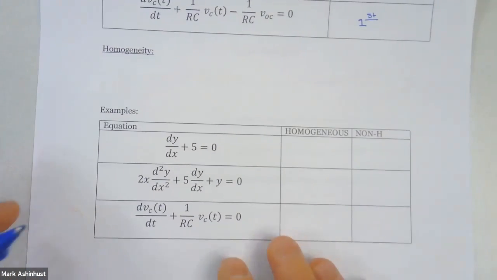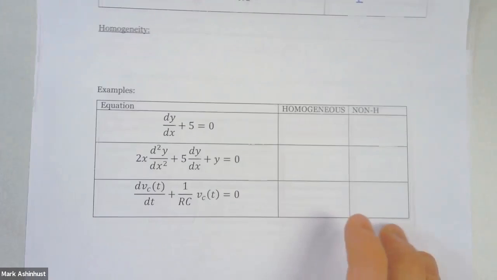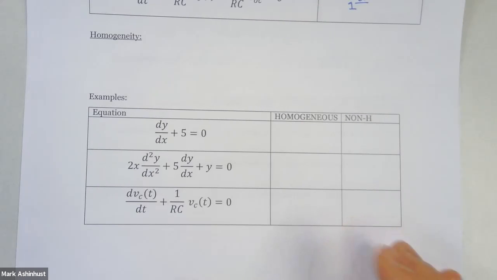Homogeneity, this one is a little different, but still pretty easy to figure out. This comes back to the definition of a dependent variable, which is dependent on other variables, right? That's kind of a given definition. And then linearity depends on the dependent variable, right? Homogeneity also depends on the dependent variable.